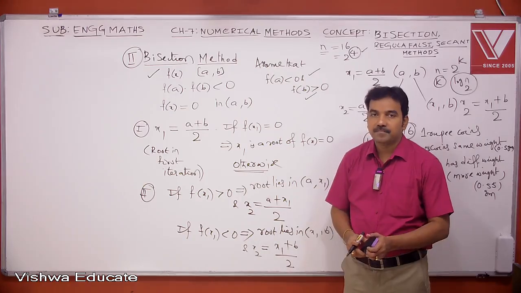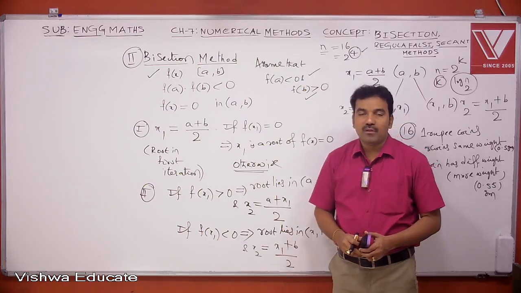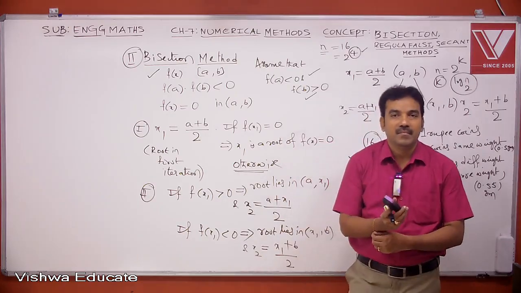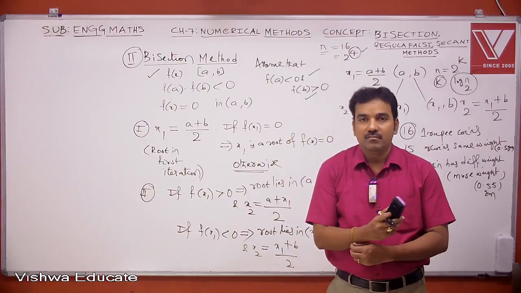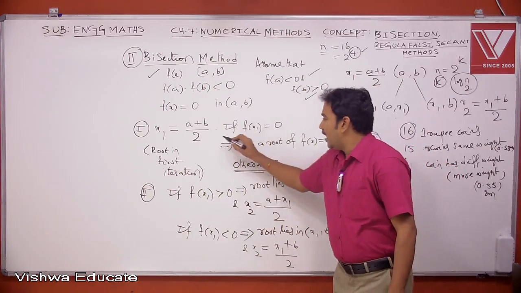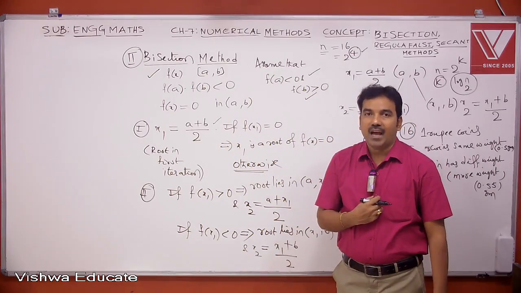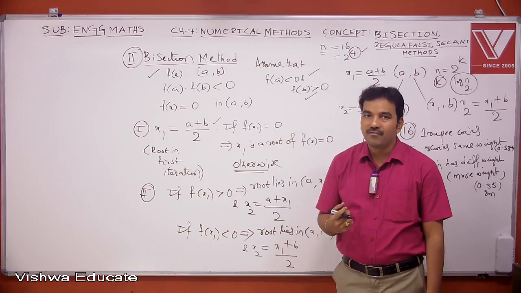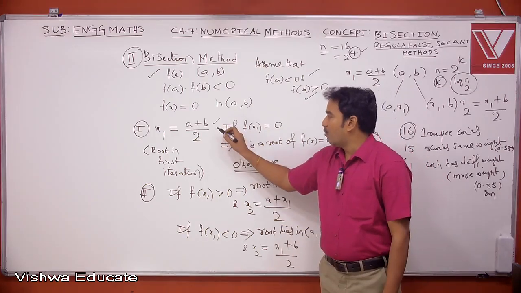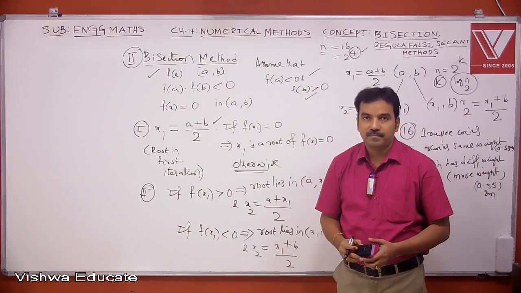Step 1. Calculate the value of the root in the first iteration using the formula x1 equal to a plus b divided by 2.